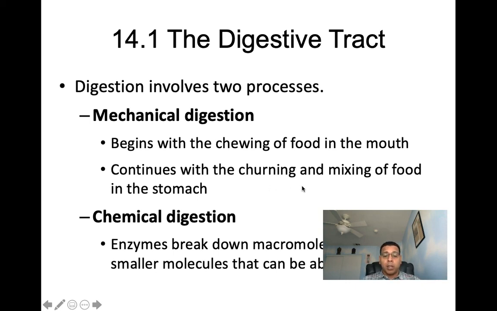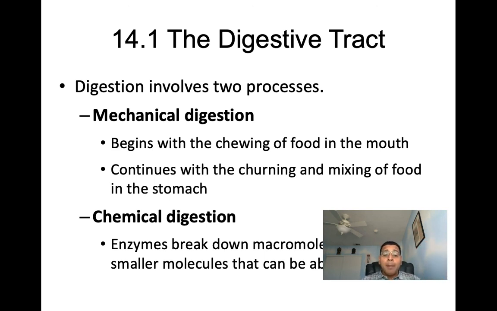Churning is a powerful pulverization of the food thanks to the muscles of the stomach. The stomach, we're going to see, is going to have a third layer of muscle to it. It's the oblique layer, and that's going to help to powerfully pulverize this food.